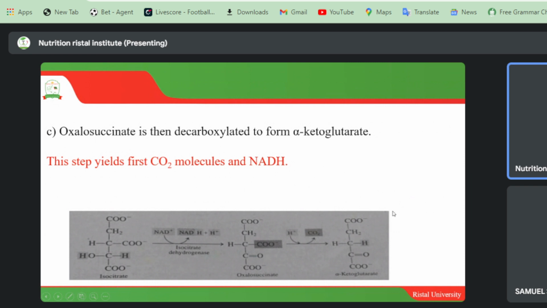So the relevance of decarboxylation here is to remove one of the carbons so that we can form our alpha-ketoglutarate. Here is the summary of what I've been talking about: isocitrate that has been formed is oxidized to form oxalosuccinate, which is then decarboxylated to form alpha-ketoglutarate, a 5-carbon molecule in our reaction.